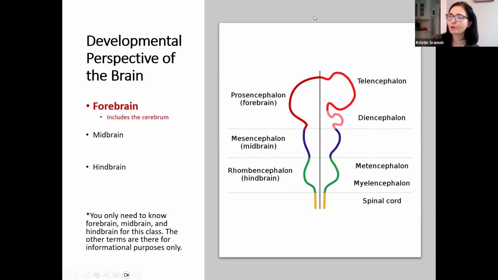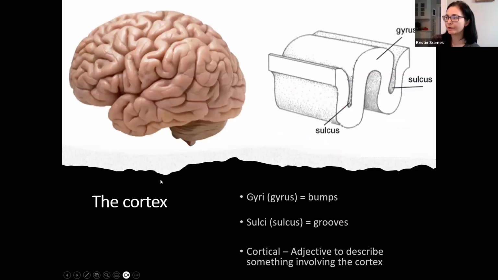Remember, the forebrain includes the cerebrum, which is the cortex, and then underneath the cortex, we have subcortical regions, largely known as the limbic system, which we will be focusing on. But mostly from the developmental perspective, you're going to want to focus on, and you do want to remember these: forebrain, midbrain, and hindbrain.